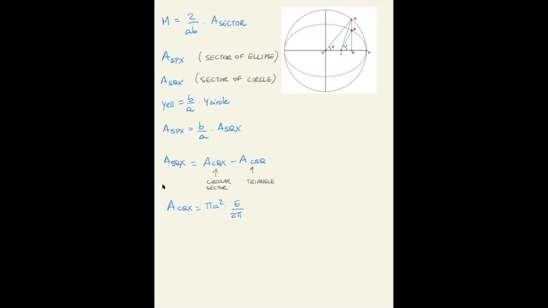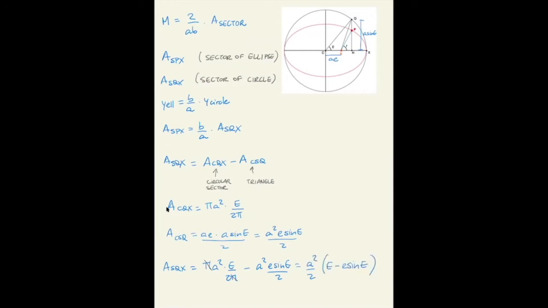As for the triangle CSQ, its base is CS equal to ae, and its height is QH equal to a times sine E. We thus find the area of the sector SQX is pi a squared E over 2 pi minus a squared e sine E over 2, which is equal to a squared over 2 times big E minus e sine E.